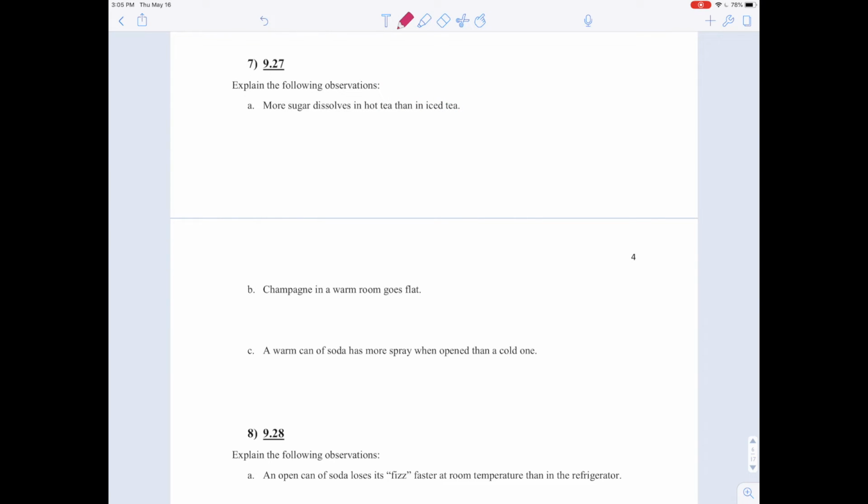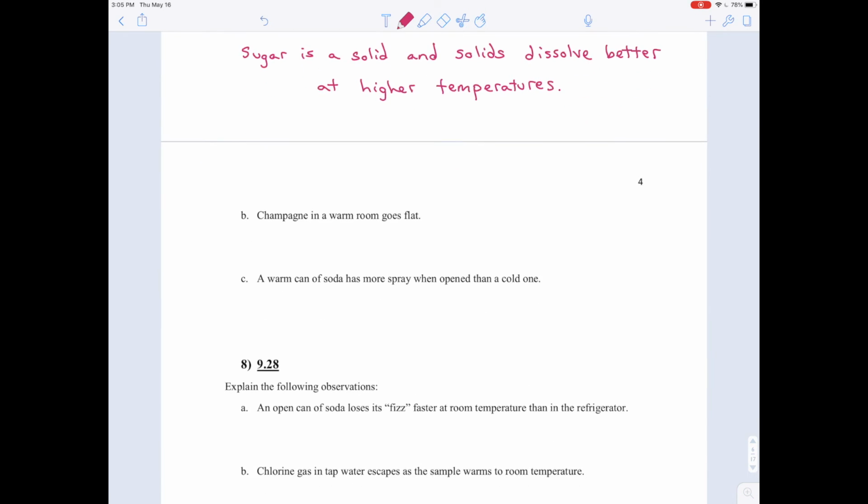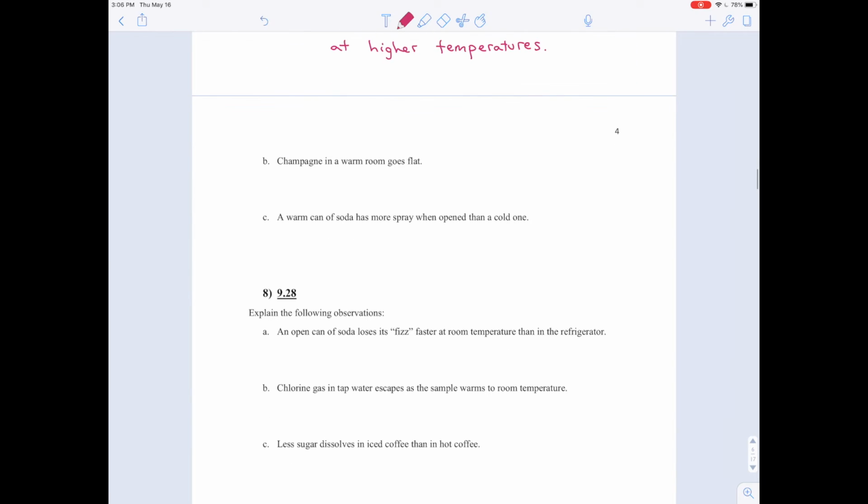So for 7, it says, explain the following observations. A, more sugar dissolves in hot tea than in iced tea. So the reason for this is that sugar is a solid, and the principle we just saw is that solids dissolve better at higher temperatures. Okay, B, it says champagne in a warm room goes flat.